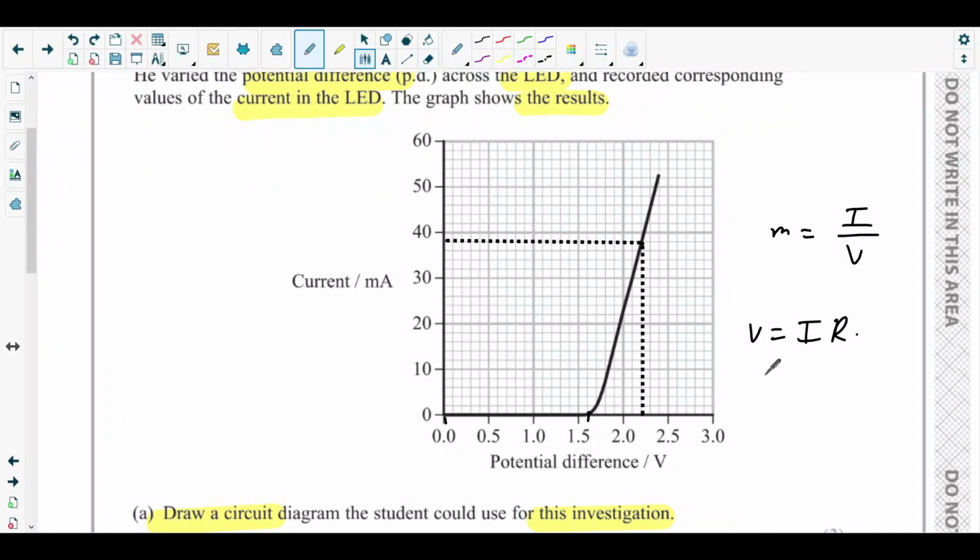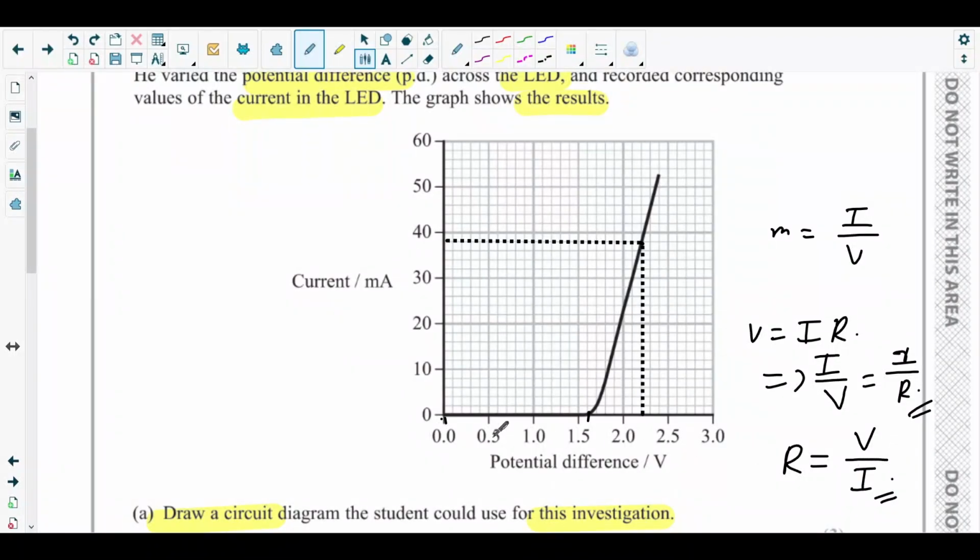So I over V is basically 1 over R, the inverse of resistance, right? So from 0 to 1.6 volt, the ratio I over V is basically 0, right? That means the current was zero. If you consider the resistance R equals V over I, isn't it?